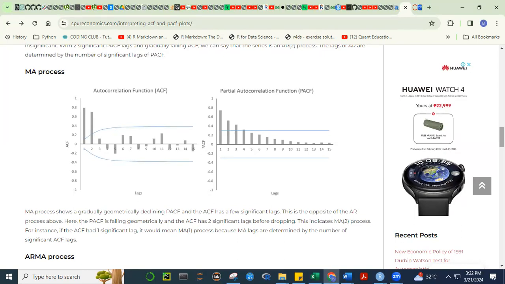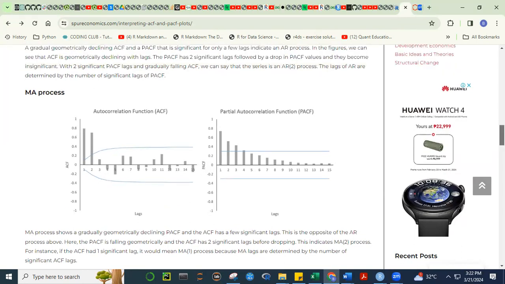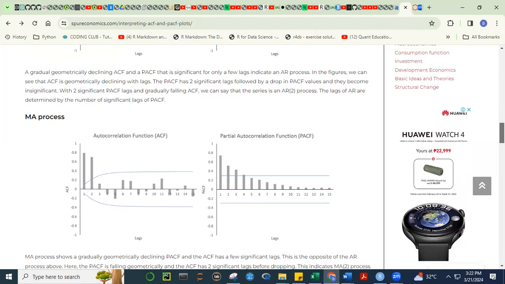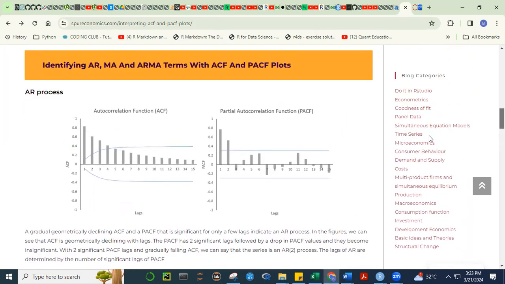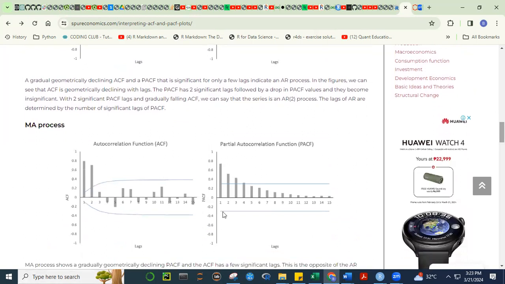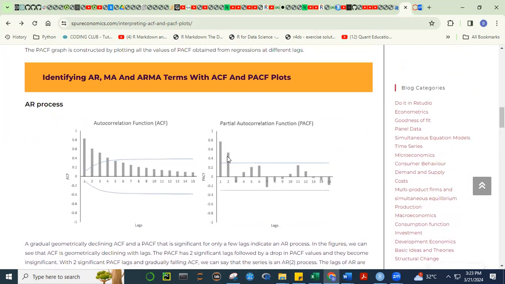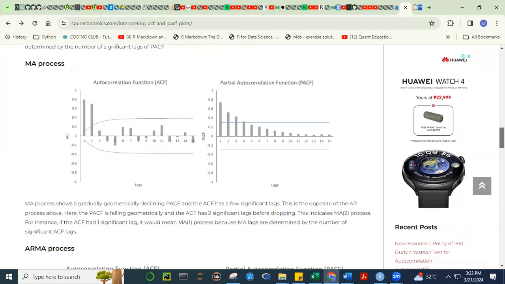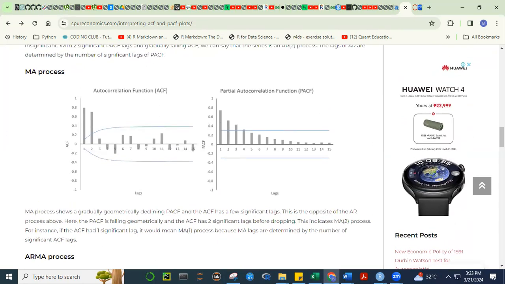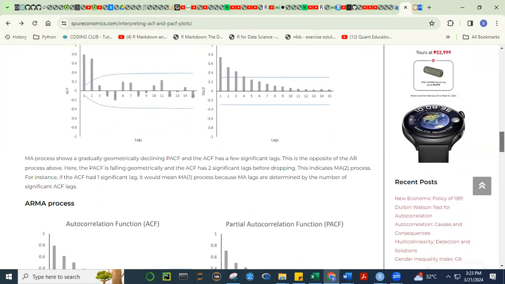Before, we did some trial and error modeling: assuming it's an AR1 process, this would be the result, then compute the AIC. Then check AR2, MA1 or MA2, and compare which has the smallest AIC.